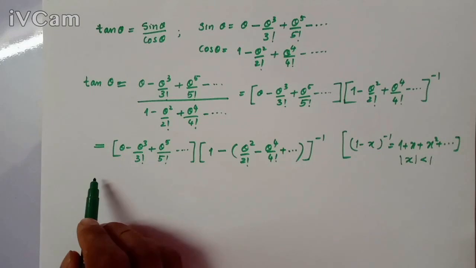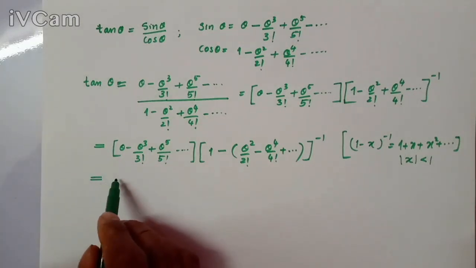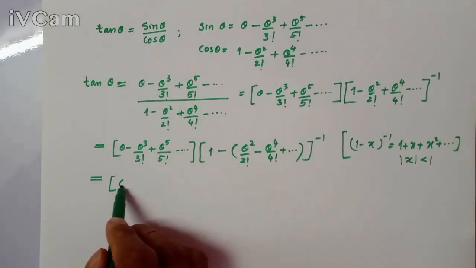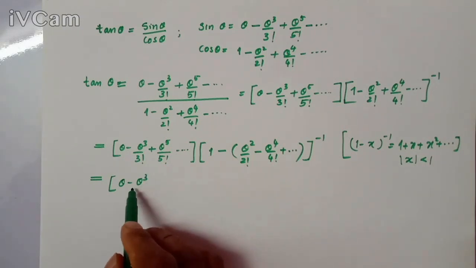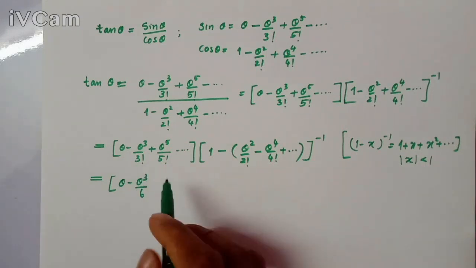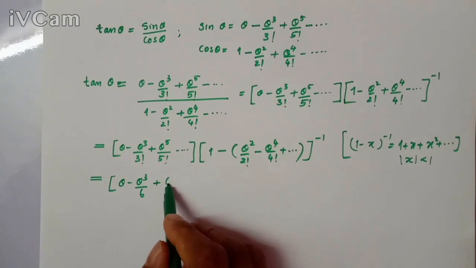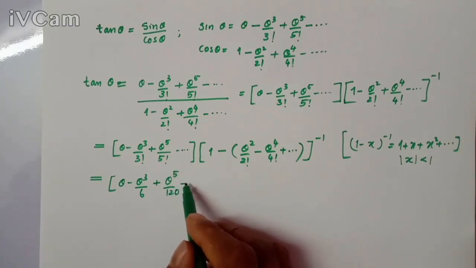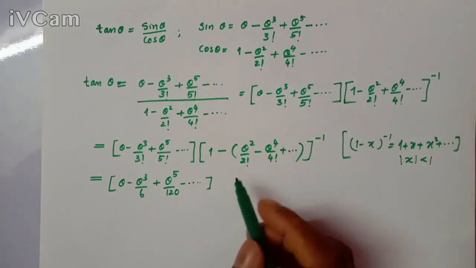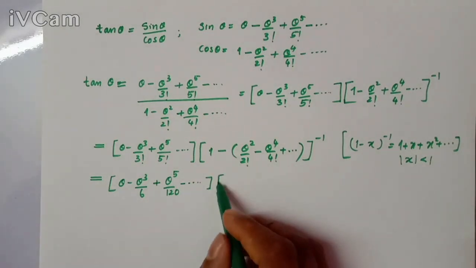Okay? So this is equal to theta minus theta cube by 3 factorial, which is 6, plus theta raised to 5 by 120, 5 factorial is 120, minus etc., times this. What is this?